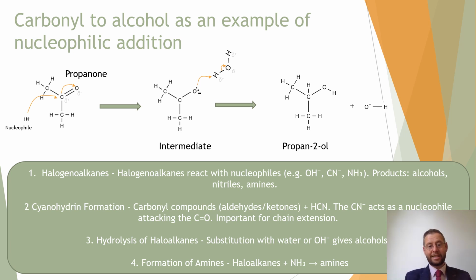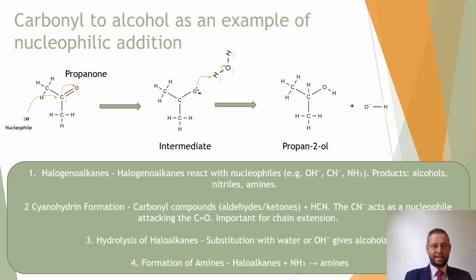And so what happens is the electrons of the water molecule to one of those hydrogens are removed onto the oxygen, forming the OH- group, and the hydrogen that is dissociated from the water then comes and joins onto the end of this intermediate step onto the oxygen. And so this forms the OH group on the end, meaning that this propanone has turned back into propan-2-ol. It has reduced back into an alcohol.